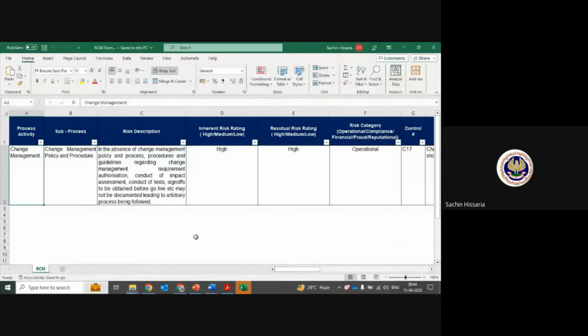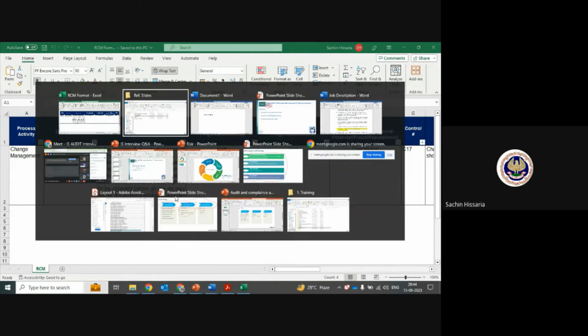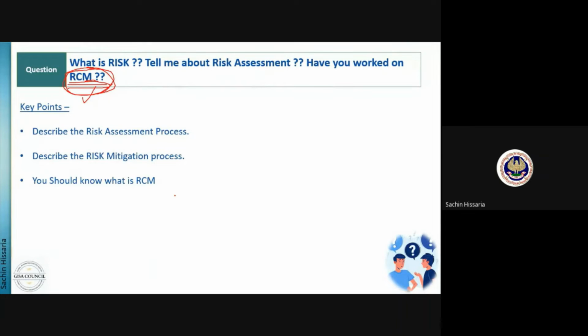Okay, this is your RCM format, guys. Suppose you are doing an IS audit of a company, an information system audit. As an auditor, you will prepare the risk control matrix document, where you will document all these things. For example, in the previous slides, we discussed some information system domains. One of the domains was change management.